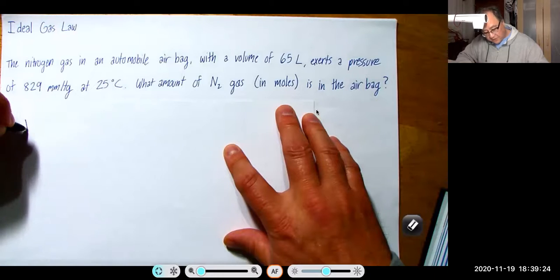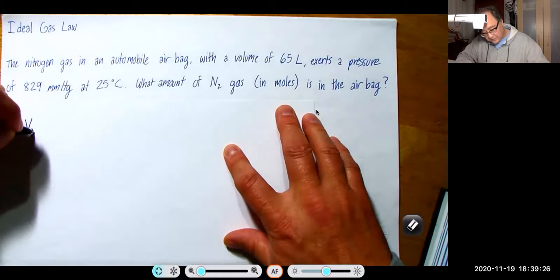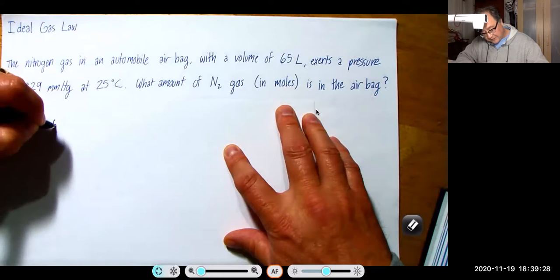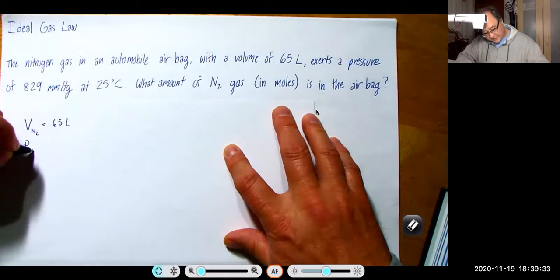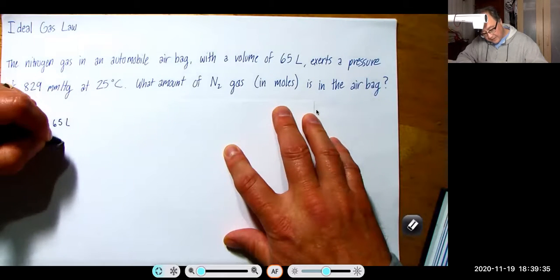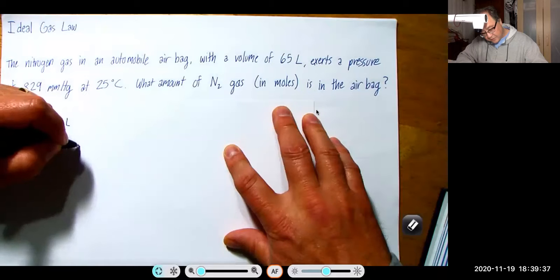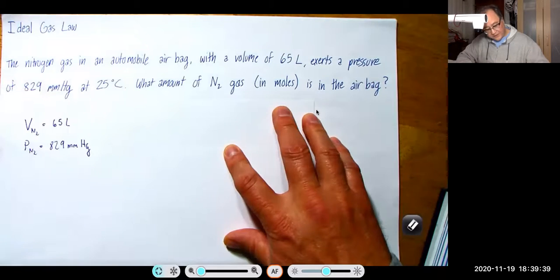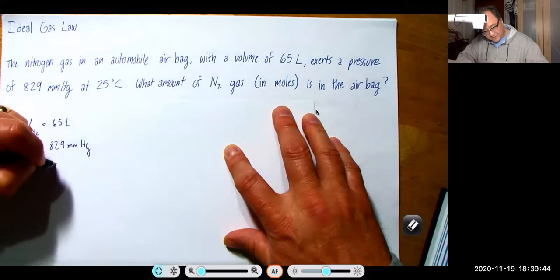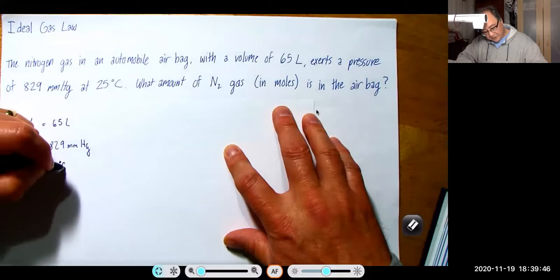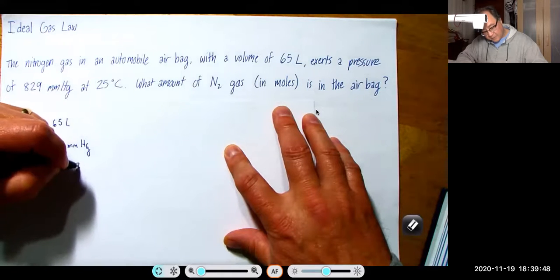We could say the volume of the N2 is equal to 65 liters. We could say the pressure of the N2 is 829 millimeters of mercury. We could say the temperature of the N2 is 25 degrees Celsius plus 273.15.